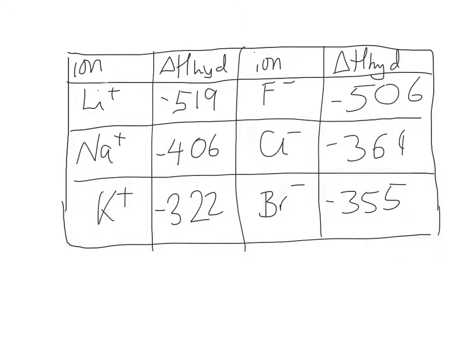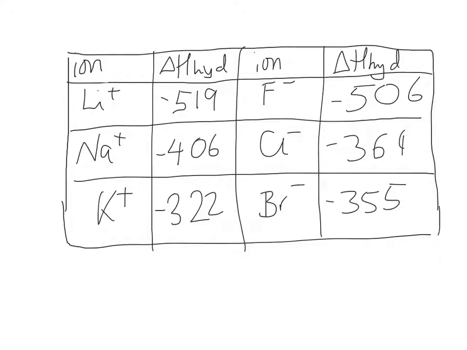Something that you might also be asked about in an exam question is the trends in delta H hydration within a group. You'll notice here that as the ion gets smaller, delta H hydration is higher. You should be able to use your knowledge from year 12 so far to think about why that might be.